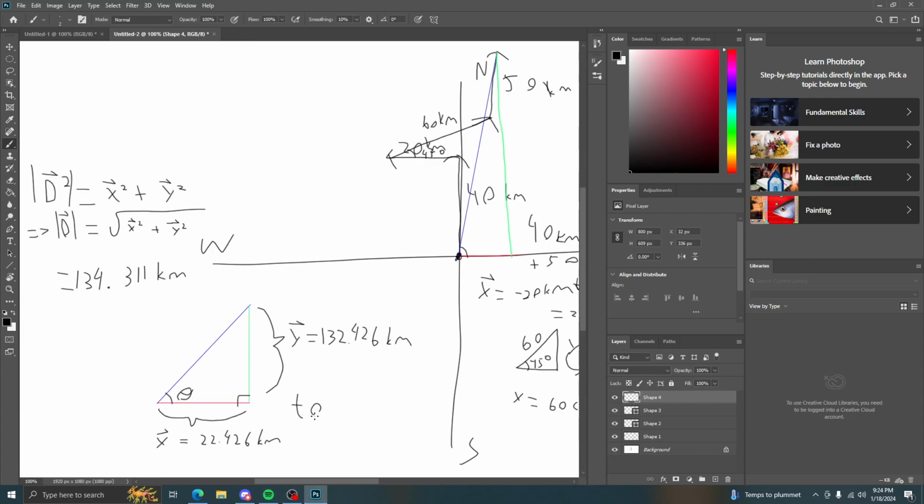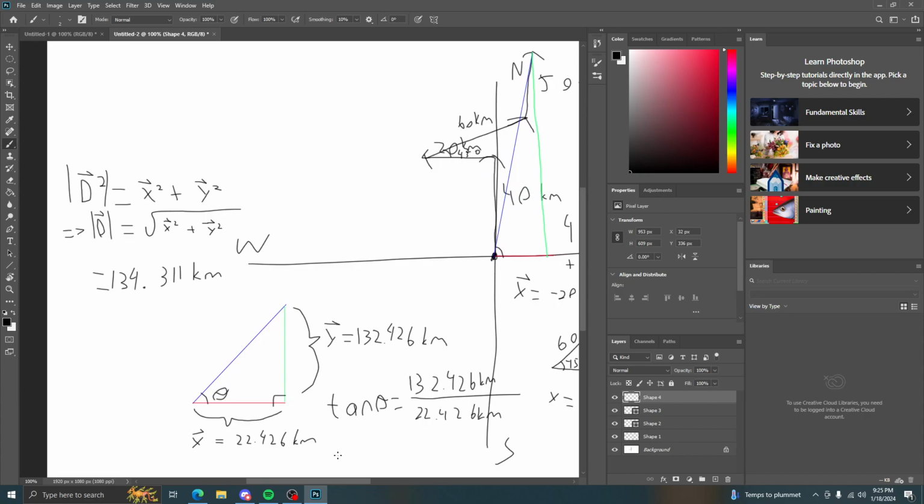So tangent of theta equals opposite, which is y, 132.426 kilometers over adjacent, which is x, 22.426 kilometers, and then you do arctangent on both sides, and you have theta equals arctangent of 132.426 kilometers over 22.426 kilometers.